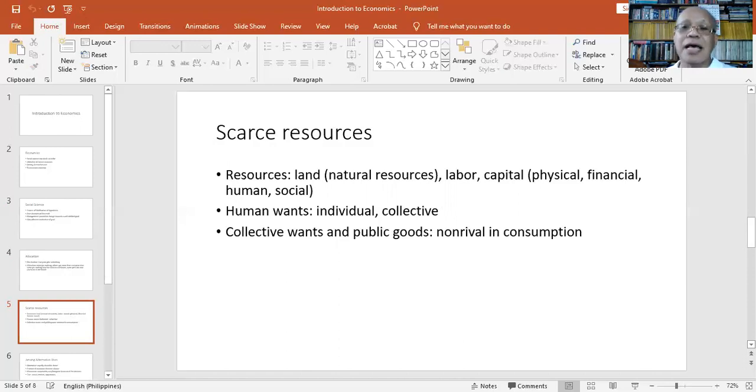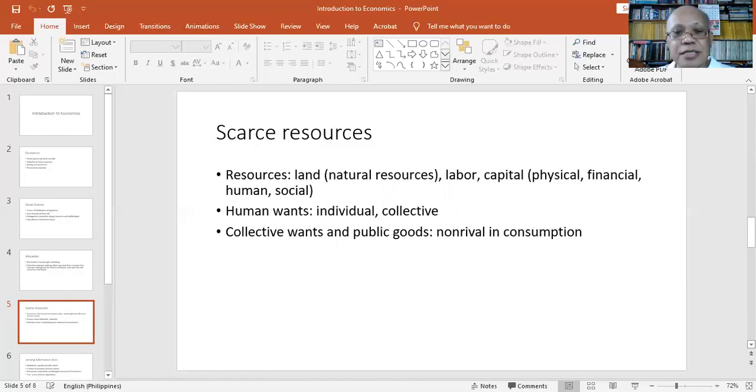labor, which is the physical capability of human beings, capital, of which you have physical capital, which would include your machinery, equipment, buildings, land improvements, financial capital, which would include money and other forms of financial assets, human capital, which would refer to the education and skills that individual human beings possess, and social capital, which refers to the level of volunteerism and civic mindedness and trust that people have in a community.